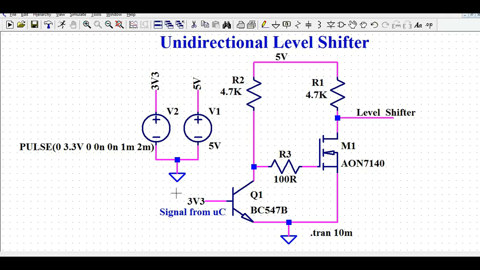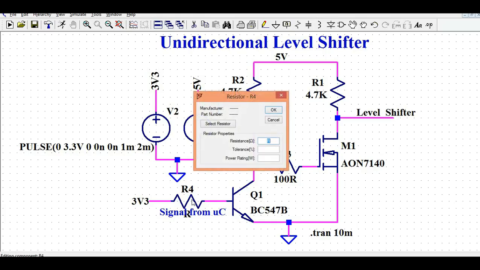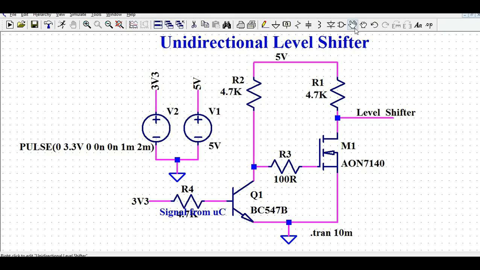Now the signal coming from your microcontroller is logic low, or 0 volt. So what happens if the base of your Q1 is 0 volt? You can connect a series resistance here. I haven't used it, but I would recommend connecting one series resistor. So let me connect the series resistor. This is 4.7K.